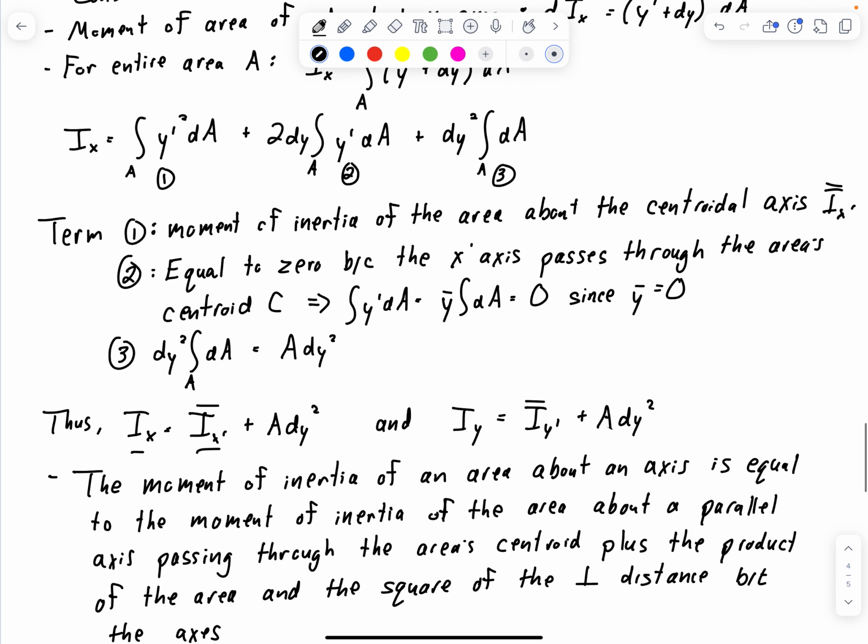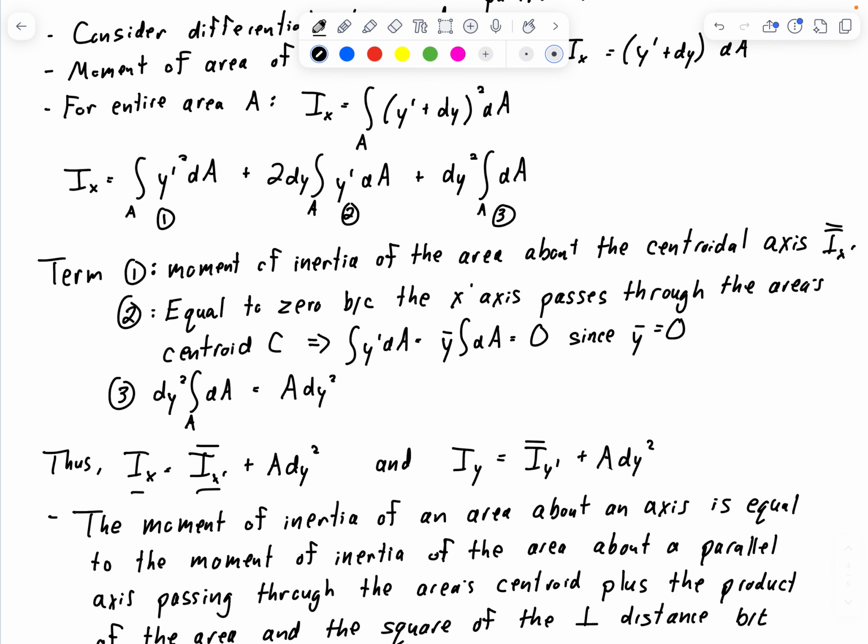So this becomes a very powerful equation that we'll use extensively in looking at the distribution of forces on surfaces underwater.